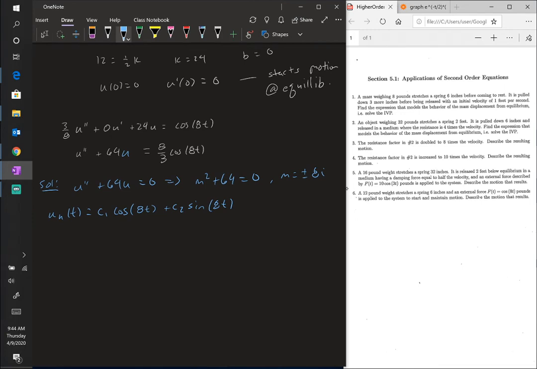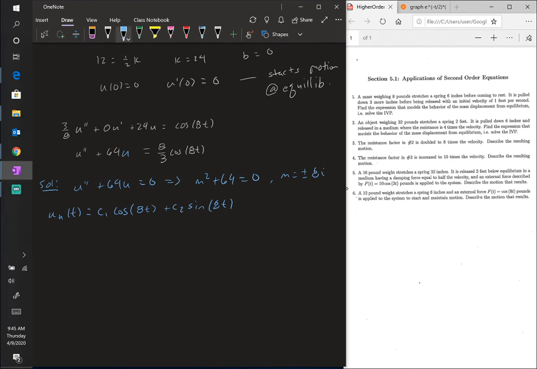Initial conditions tell us that C1 is 0 and C2 is equal to, oh, can't use initial conditions yet, can we? We have to find the particular solution first.